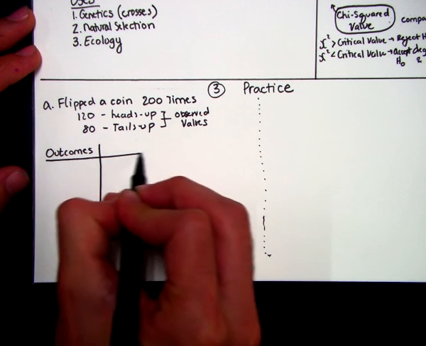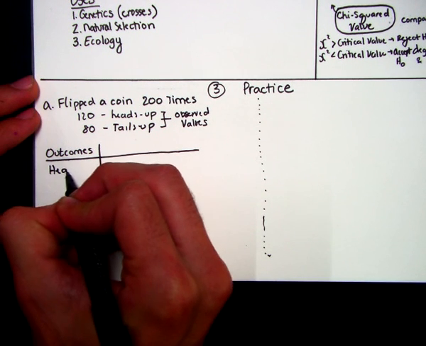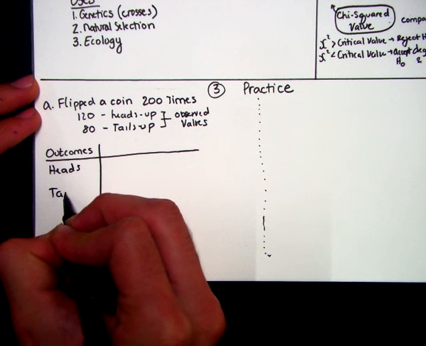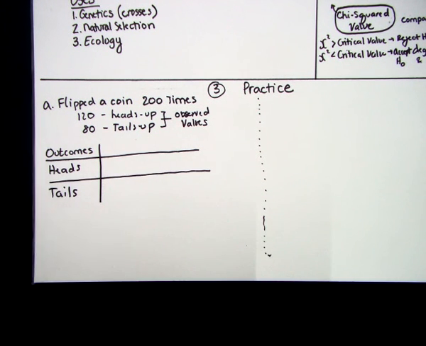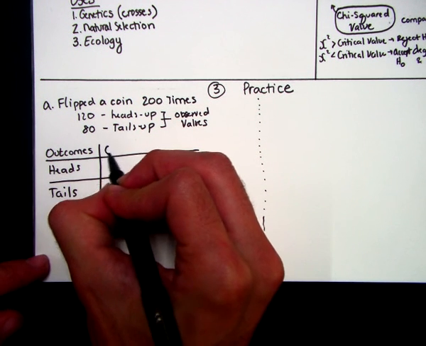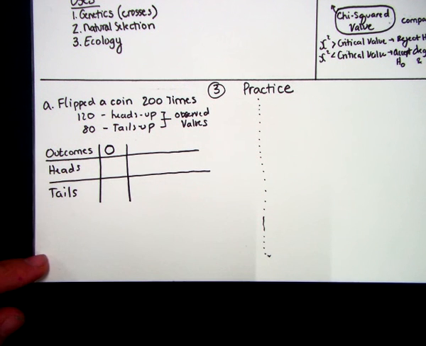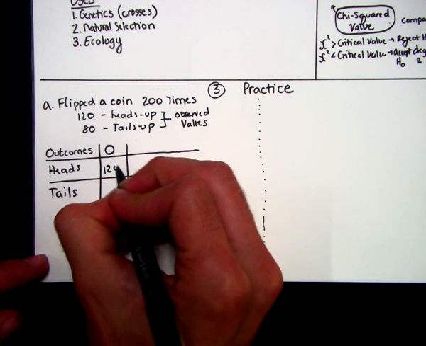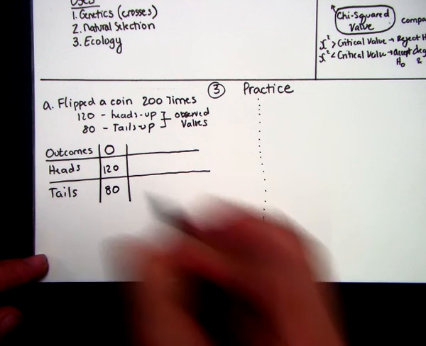For this example, there are only two outcomes, right? You can get heads or tails. Then we're going to identify what our observed values are. We got 120 heads up, and we got 80 tails up.